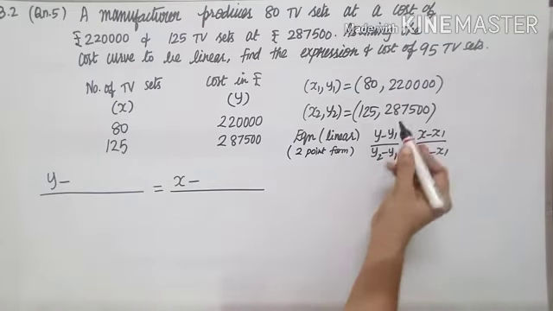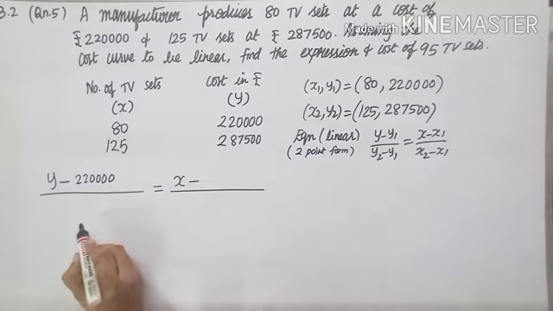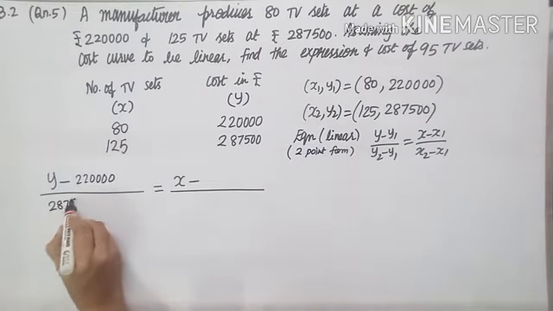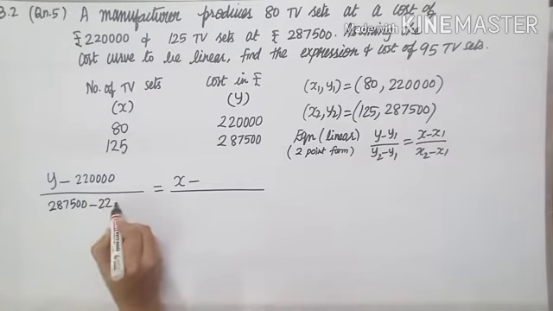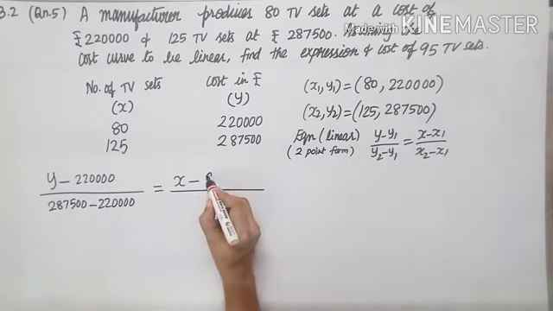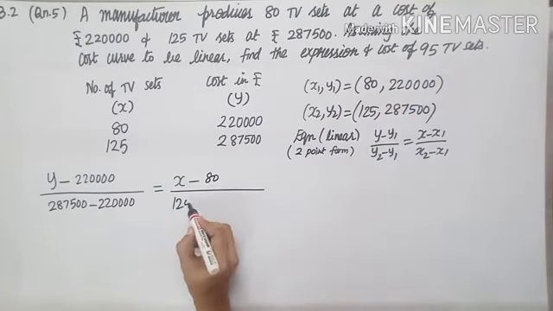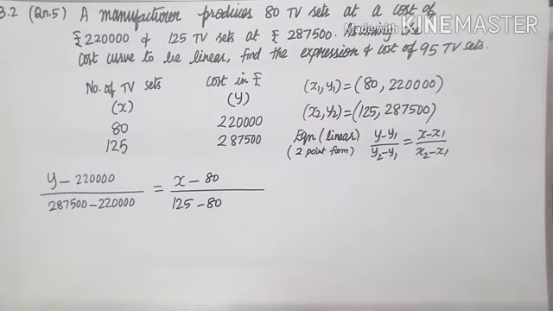Substituting, y minus 220,000 by 287,500 minus 220,000, equals x minus 80 by x2 minus x1, that is 125 minus 80.